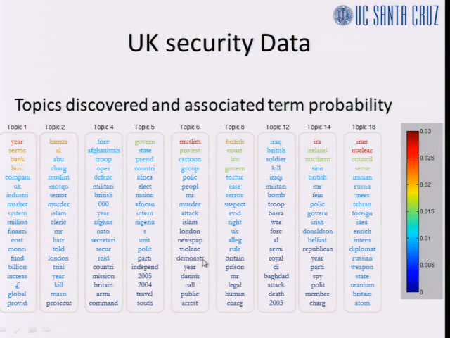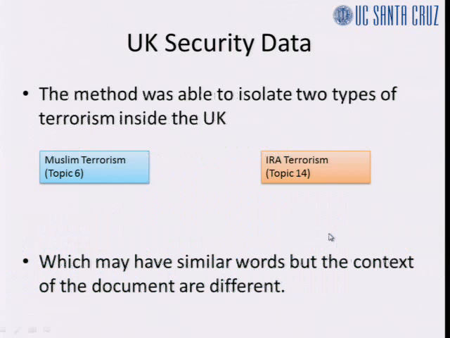And then topic 14 has got IRA, police, government, Irish, and so on. When we analyzed this data, the expert could look at this and say, aha, topic 6 is about Muslim terrorists, and topic 14 is about IRA terrorism or Irish terrorists.